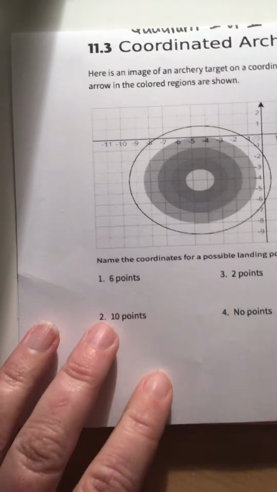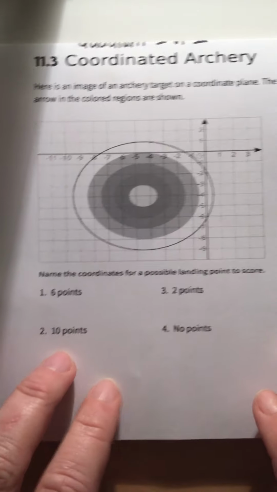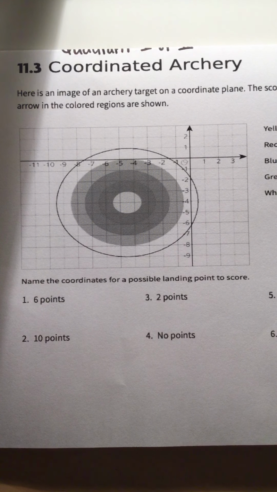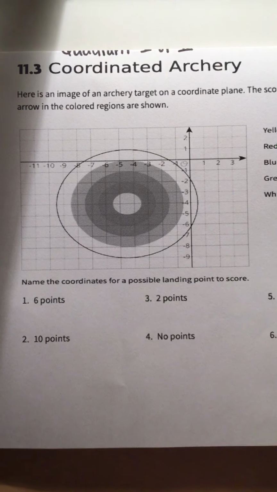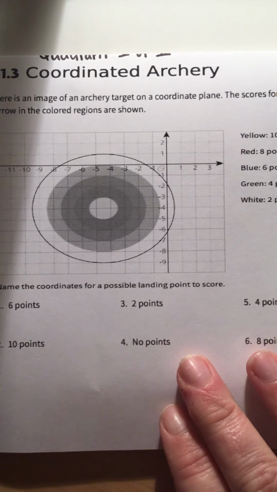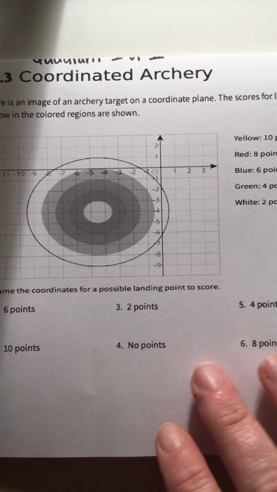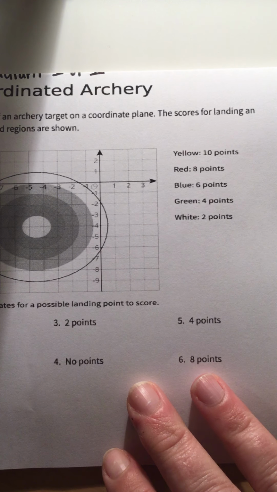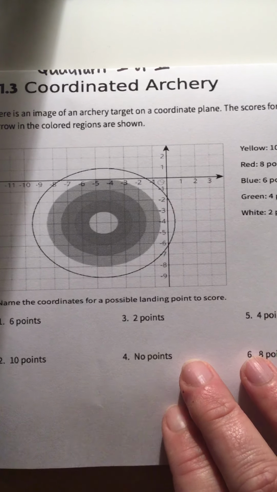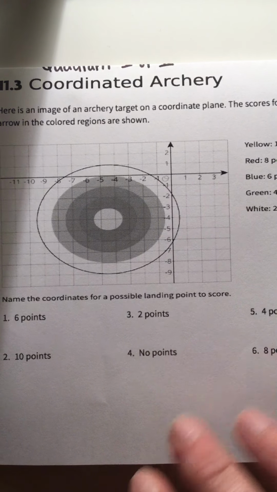And this one is a little bit more of a fun activity because we're going to be looking at a coordinate plane. And we're going to have to be essentially figuring out some locations of certain points. All right, so it says here is an image of an archery target on a coordinate plane. The scores for landing an arrow in the colored regions are as shown.